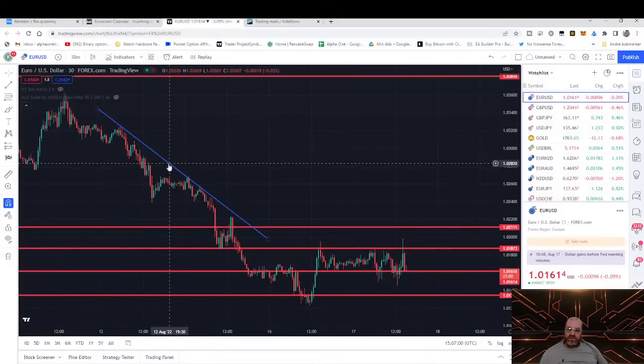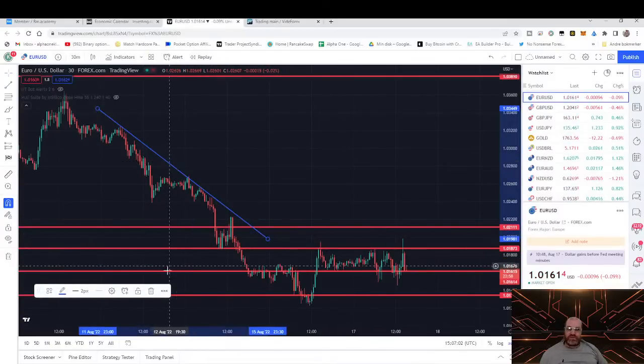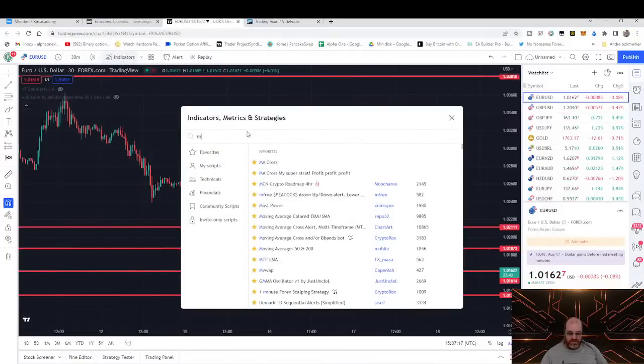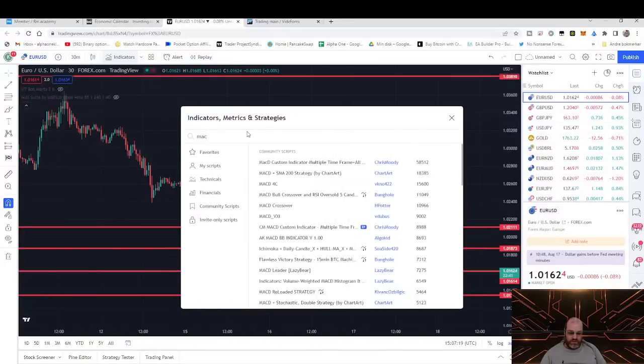Just have in mind that indicators sometimes can be good, but they are also lagging indicators. Like MACD, for example, is a lagging indicator. You can show here now, for example, you can add MACD cross.